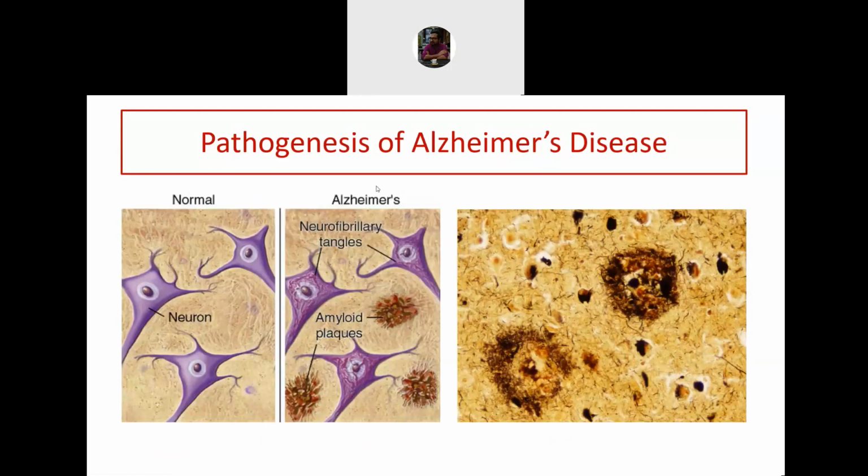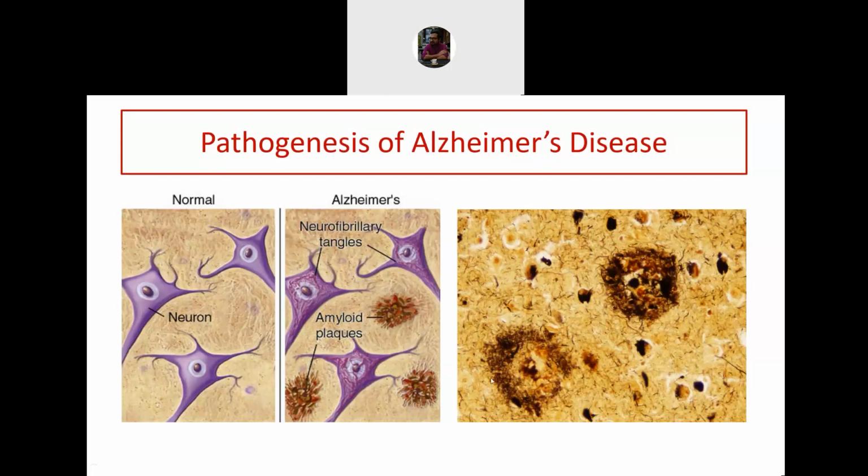So you see, this is a schematic diagram on the left hand side, which shows normal and Alzheimer's disease neurons. The large aggregates that are present outside are the amyloid plaques, also called neuritic plaques. And the small aggregates inside the neuron are the neurofibrillary tangles. Compare with this picture.